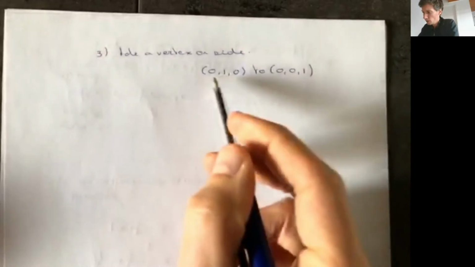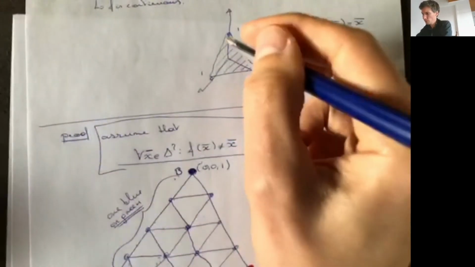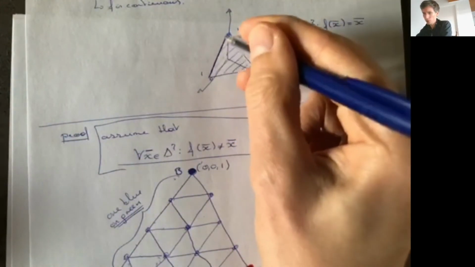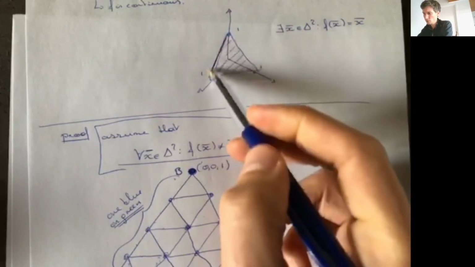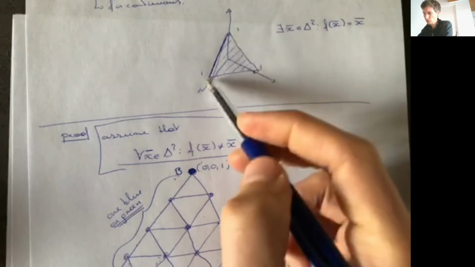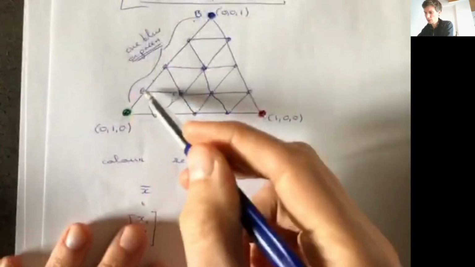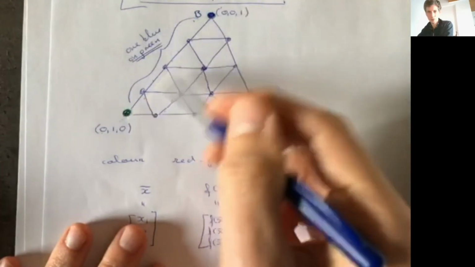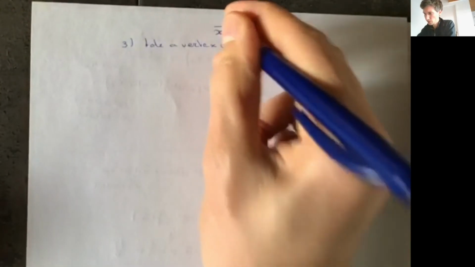Okay, so what do we know about this vertex? Well, this is a point on this line, right? And this is all the points that are a convex combination of this vector and this vector, right? So every point here is a convex combination of this and this. Okay, so this point here, take a vertex, let's call this the vertex x.